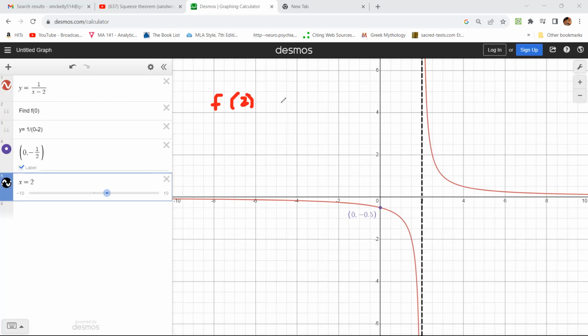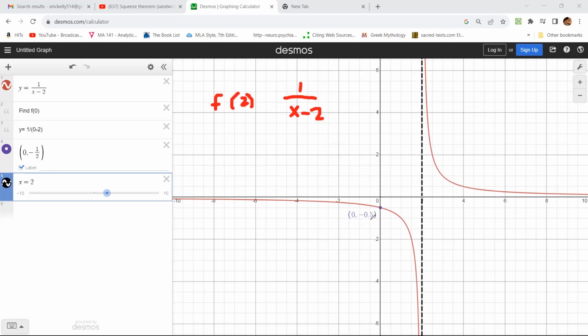Here's the function. I don't know if you're tired or you really don't get it. I'm going to harp on it until you do. F of 0 is negative 1/2, right here.